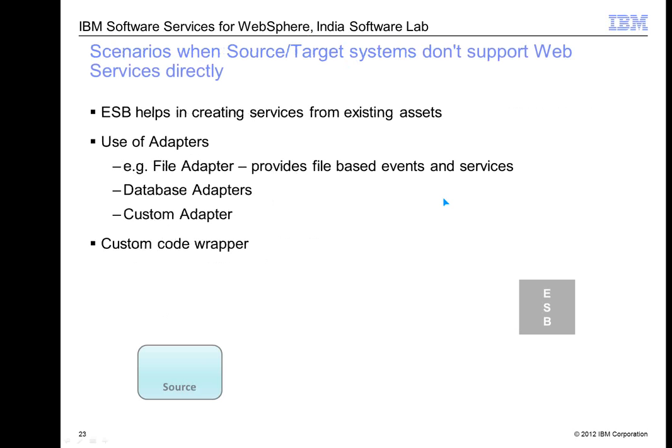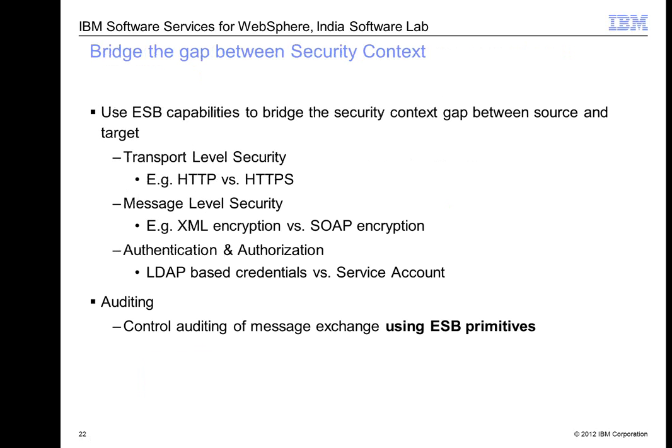Okay, I'll continue. Slide number 22 is about the other things that we can do with service-oriented integration and the integration framework, which is driven by service-oriented integration powered by an Enterprise Service Bus. We can bridge the gap between security contexts. For example, again, data has to go from A to B. A is the provider, B is the consumer.